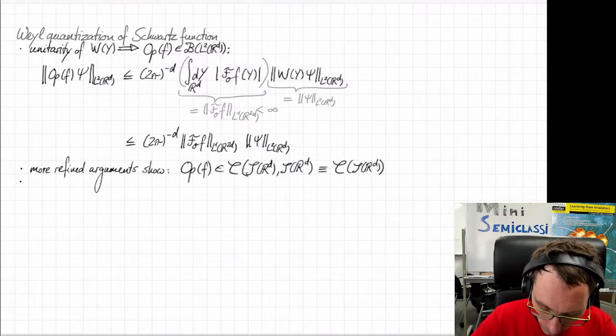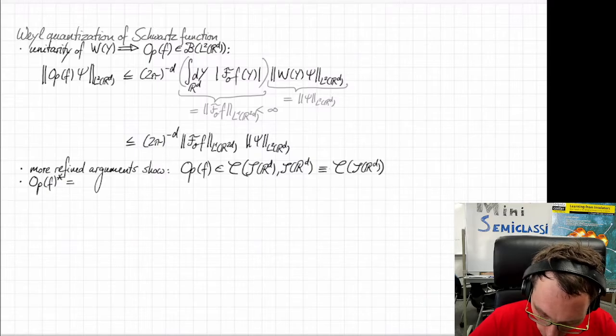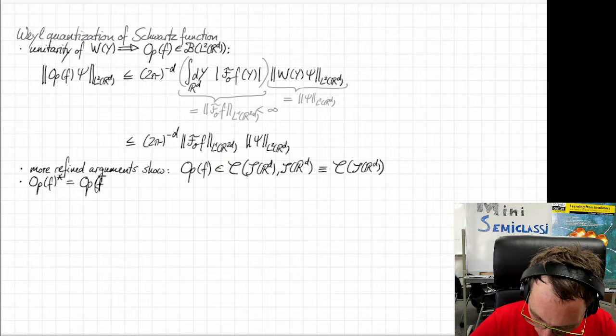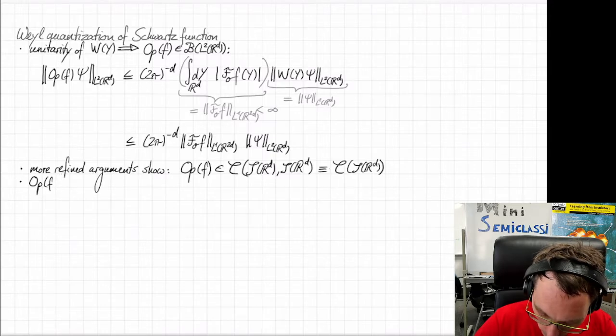For bounded operators, what we can show is that the adjoint of the Weyl quantization of f is equal to the Weyl quantization of the complex conjugate function. That's maybe a little bit hard to see here. Maybe let me write it out first.